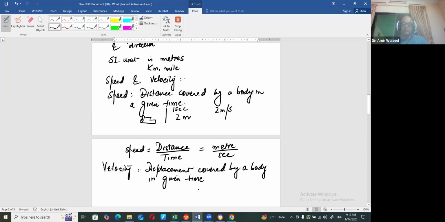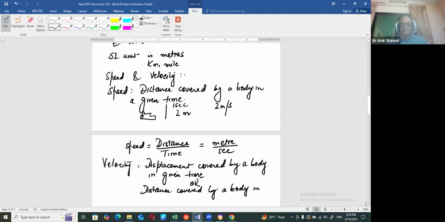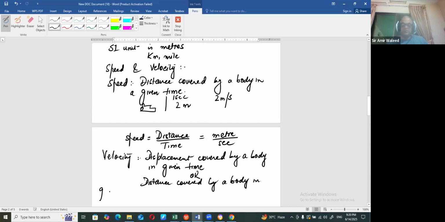Or if you do not understand it properly, then you can say distance covered by a body in given time and in particular direction. So basically here again, as previously, displacement has a direction. So here velocity has a direction.